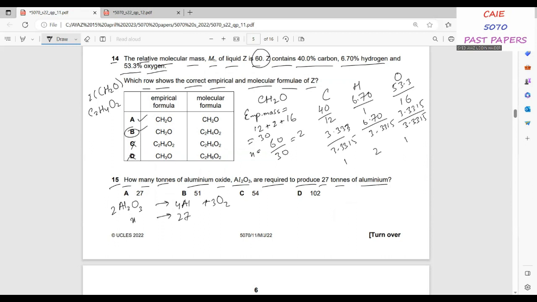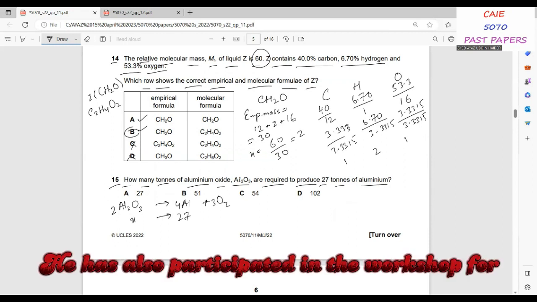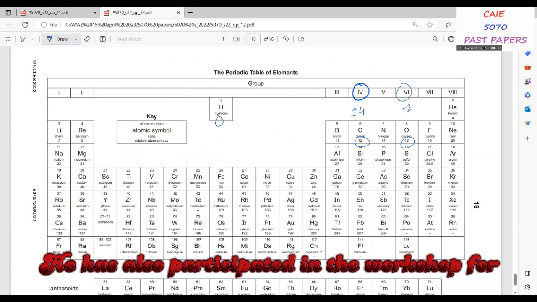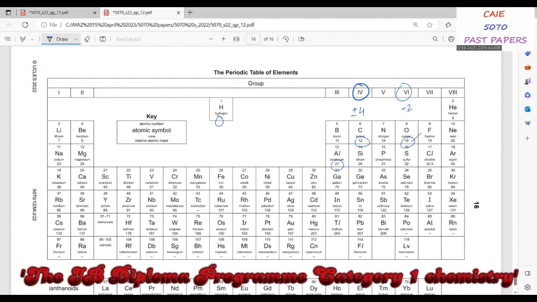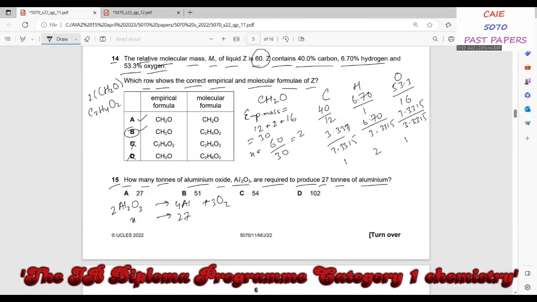We have 2 moles of Al2O3. So let's calculate the Mr of Al2O3, and this will be expressed in tons. Ar of aluminum will be 27, and for oxygen, it's 16. So 2 multiplied by 2 is 4. 4 multiplied by 27 is 108.